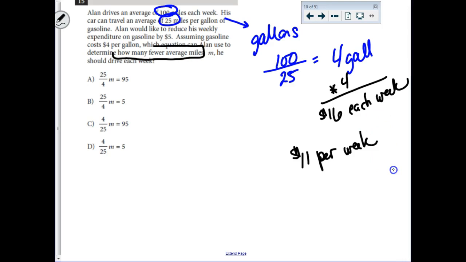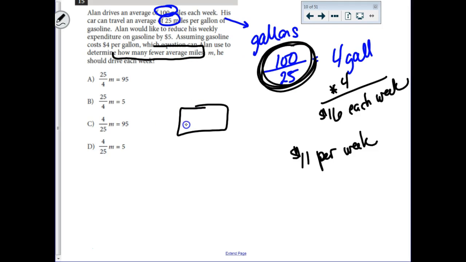How much does gas cost? Oh my gosh. Okay. Ready? Remember how you did this at the original? Yeah. Okay. Can we just call this M? Ooh. Okay, we're good.